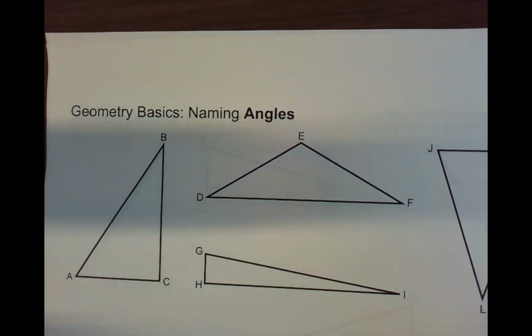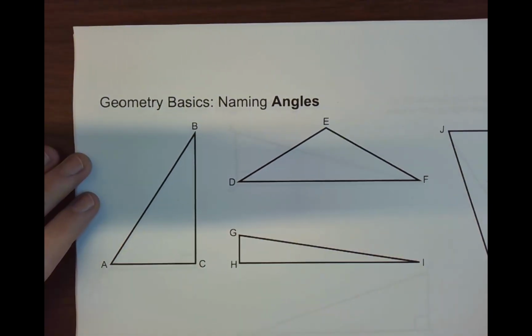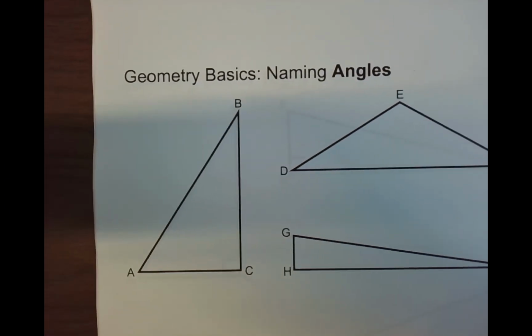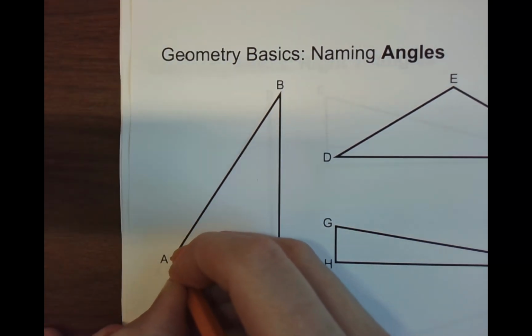Besides naming side lengths, we can also be really specific about how we name angles. If we look here, there are these three vertices.